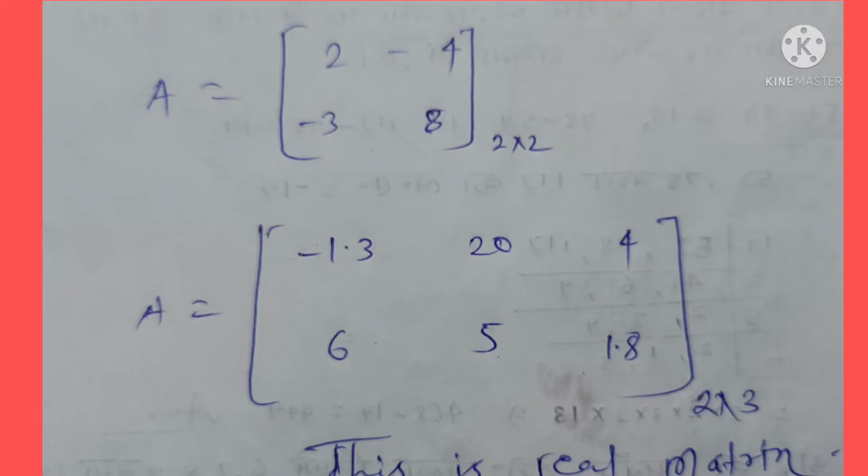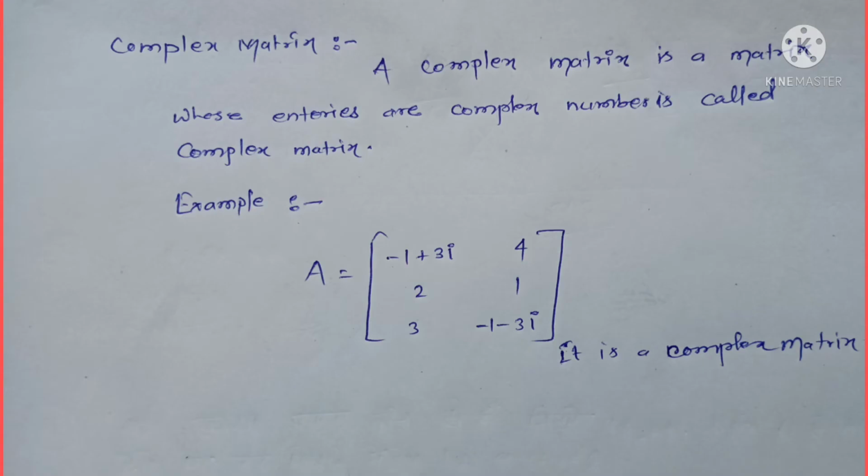For example, A equals, open the bracket, 2, minus 4, and second row 3, minus 8, close the bracket. This is the real matrix form.